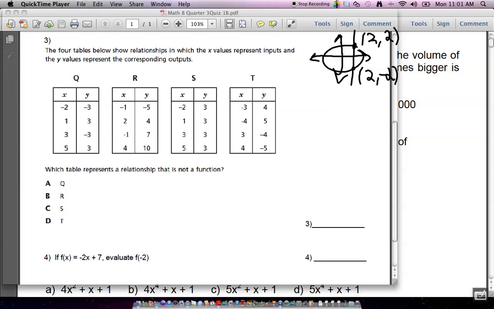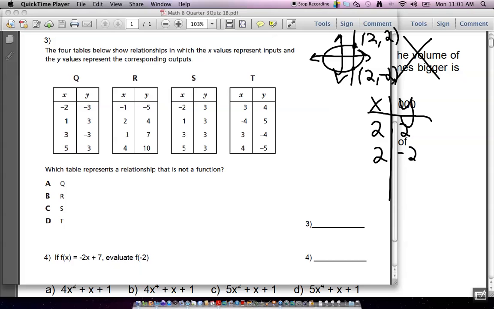If I wrote a table with x and y, one of the input-output pairs would be (2, 2), and one would be (2, negative 2). It fails the vertical line test because every input has to have only one output. In this case, if the input is 2, the output could be both 2 and negative 2. That's not a function.